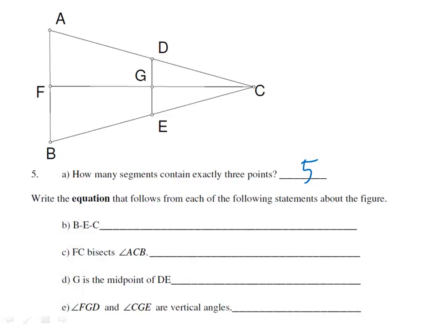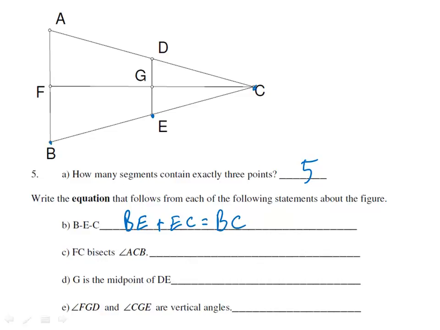Alright, so E is between B and C. Here's E, here's B, here's C. Now you should recognize that as the hypothesis for the betweenness of points theorem. So you recall that if E is between B and C, then BE plus EC equals BC.